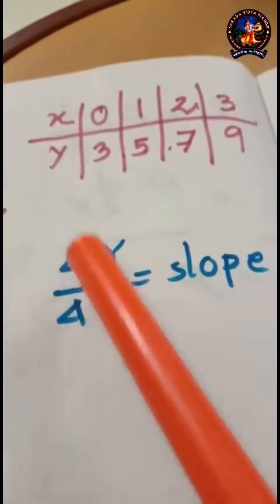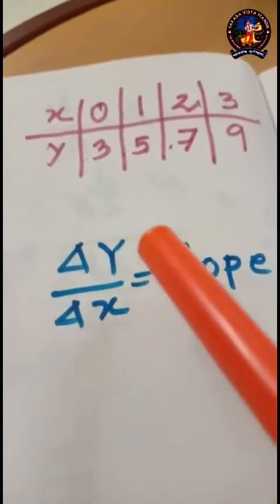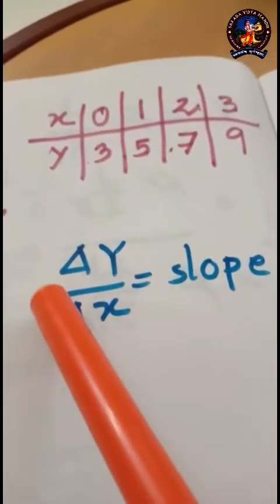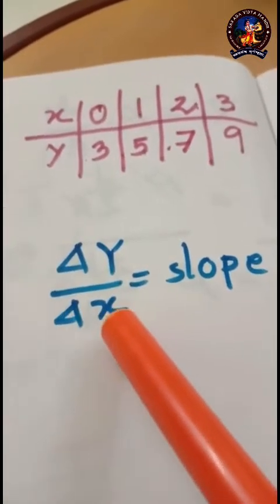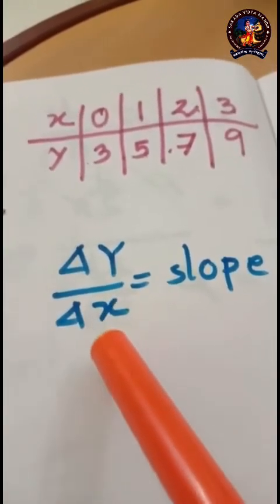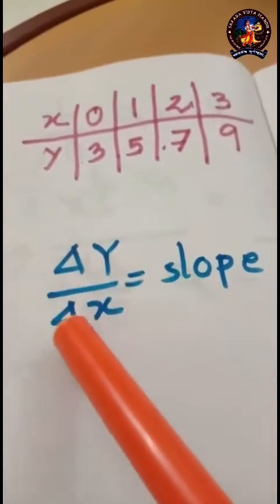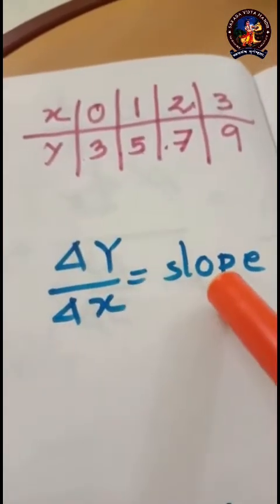Now what is slope? Slope is del y by del x. Got it? So del y I can have on the y axis, and the measurement of del x also I can have from the x axis, and I can have the values also, and that is slope.